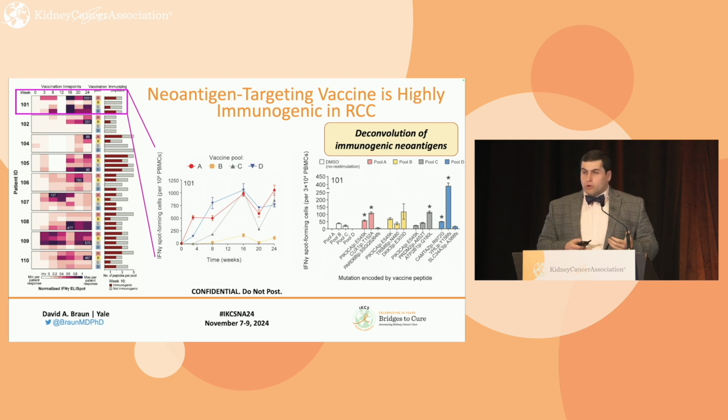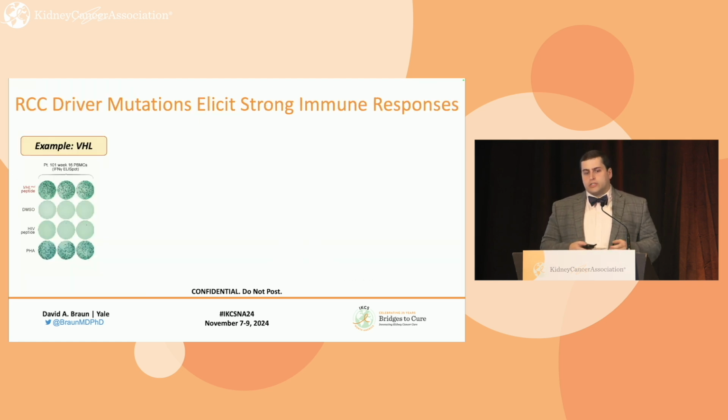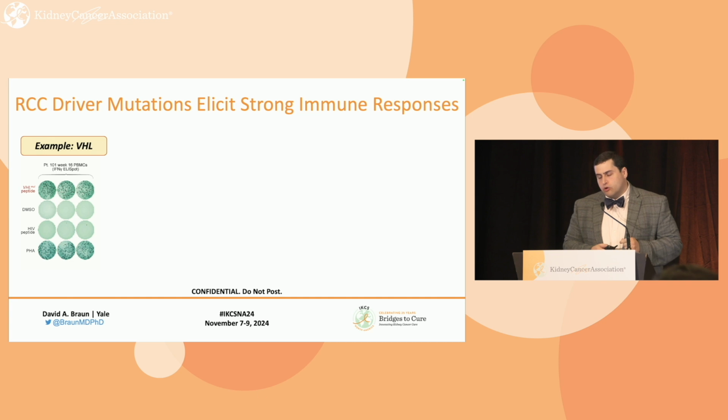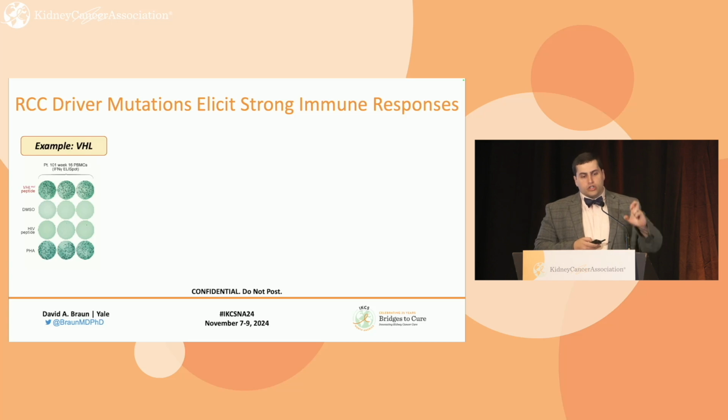The next question was, which are the targets that led to the best immune response? And it really seemed to be the clonal driver mutations, for the most part, that elicited strong immune responses. I'm showing an example interferon gamma ELISpot, showing the response of a VHL mutant peptide compared to 2 negative controls and a positive control, PHA, and we can see incredibly high reactivity against mutant VHL.